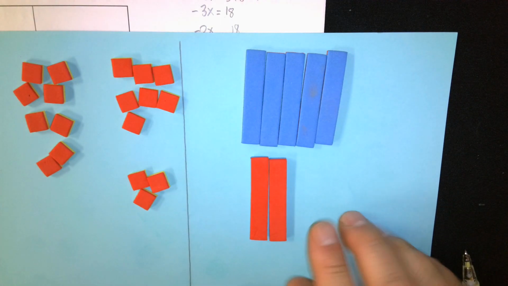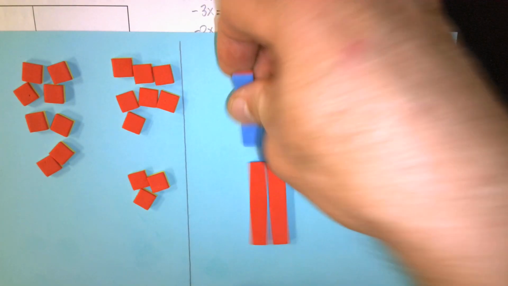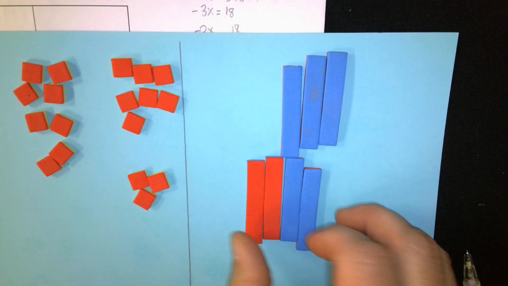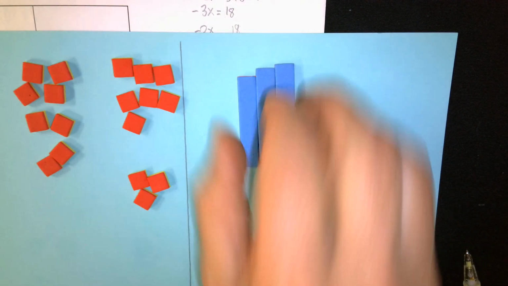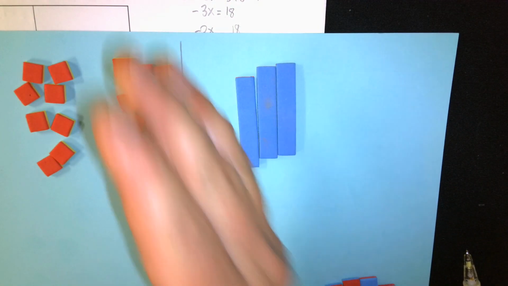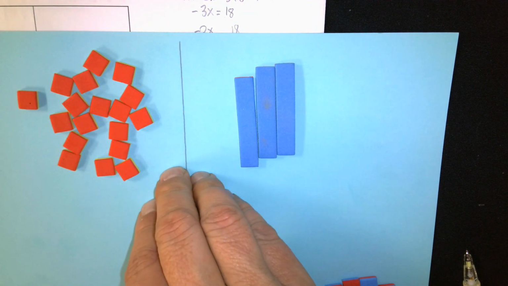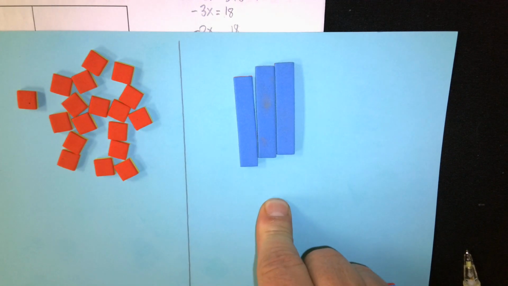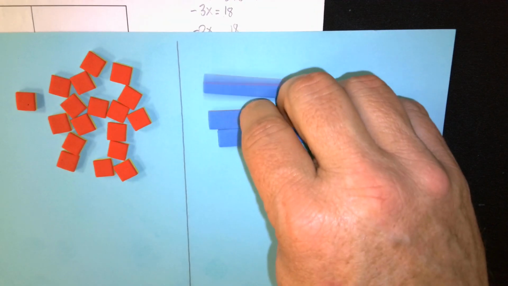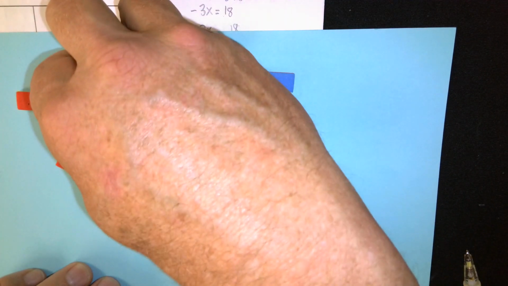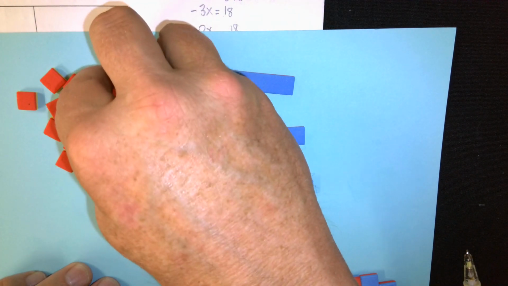Then we would have a war over here, and when we fought this war, 2 positives and 2 negatives take each other out. Now you have a positive 3x, and now you have an alliance of negatives. You'd have 18 negatives here. And then you could divide each side by 3, and then you would show that each x is equal to 6.